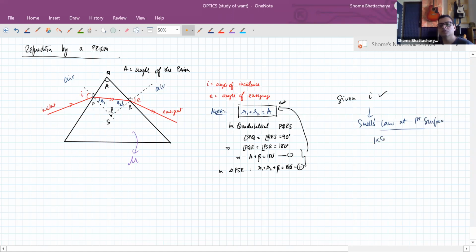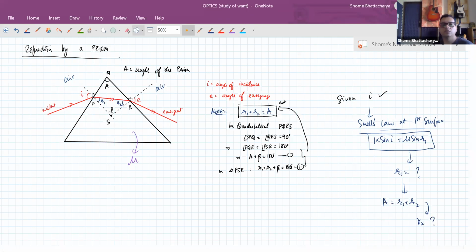So 1 into sine I is equal to mu into sine R1. Using this, we find R1. Once you have found R1, you use the property that A is equal to R1 plus R2. Using this, you find out R2.